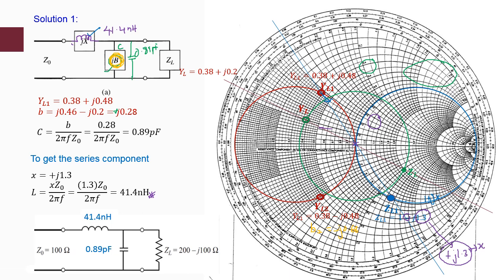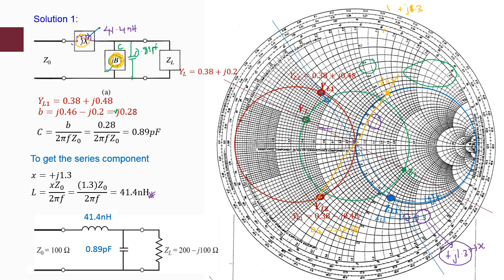Then to get the series component, you need to translate this one: draw a line crossing at the center and look at the intersection at the 1 plus jX circle. We can call it ZL2. You can draw this properly and get the value. I suppose it is supposed to be 1 plus j1.3 or 2 or something.